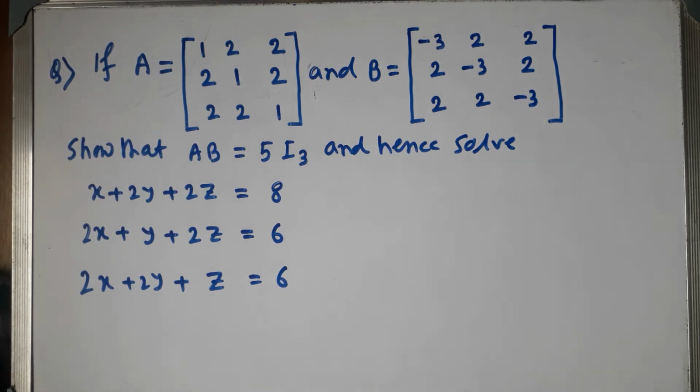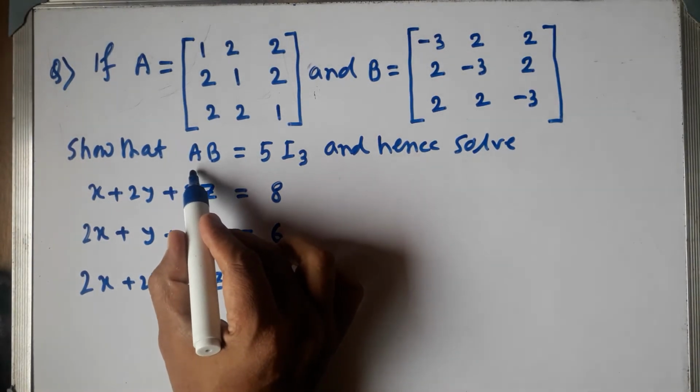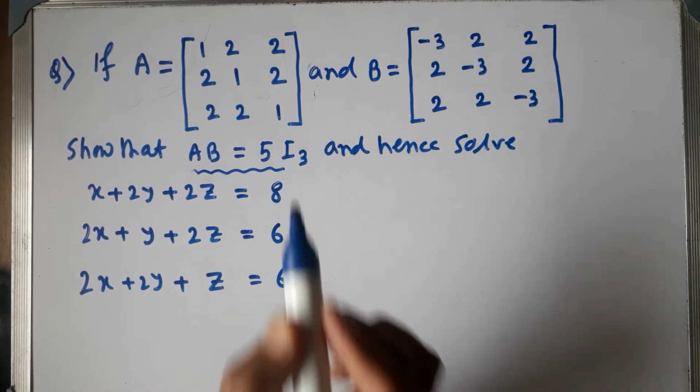So first we shall show that A into B is equal to 5 into I3.